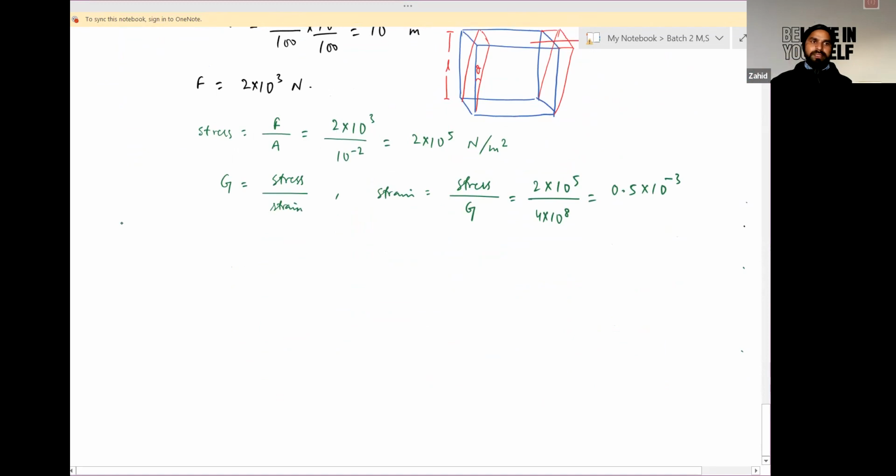Third type in this term is volumetric, or it is also called hydraulic. Suppose you have a spherical body.